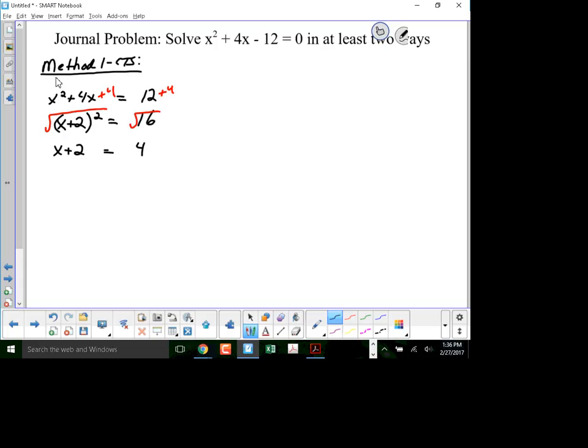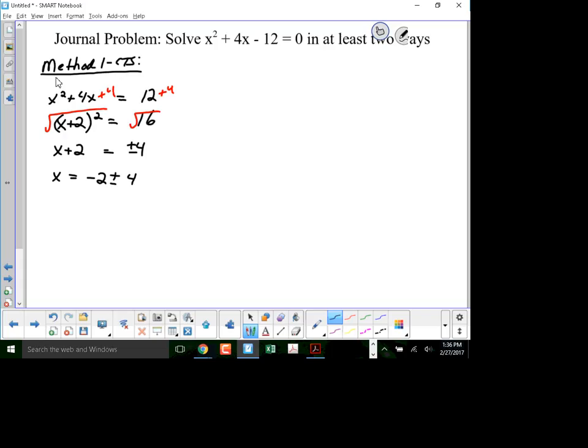Okay, now he subtracted 2 from both sides and he got 2. He is 90% there. He made one common mistake. Positive or negative 4, because when you take the square root of 16, there are two numbers you can square to get 16: positive or negative 4. Now when you subtract 2, you have x is equal to negative 2 plus or minus 4.